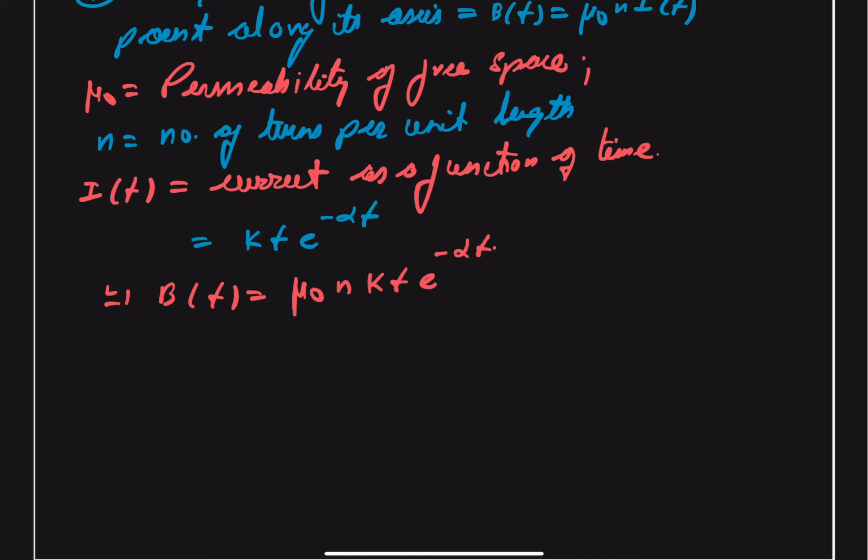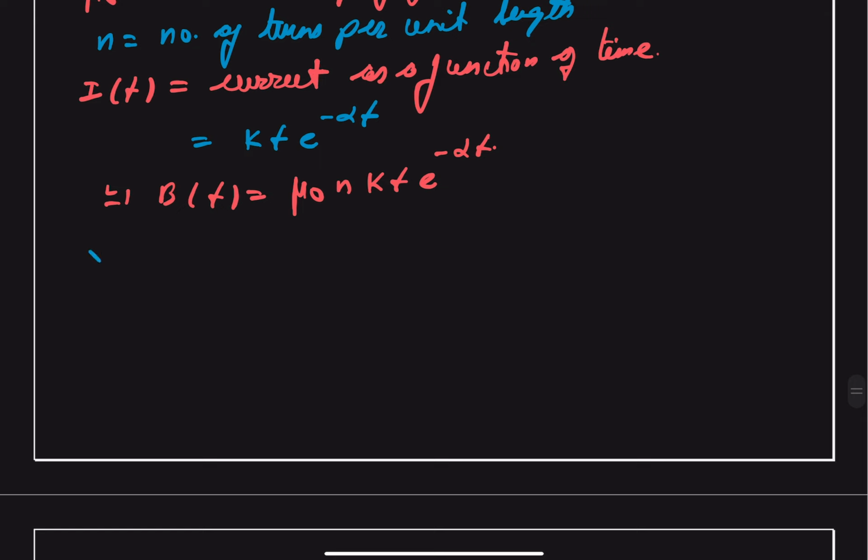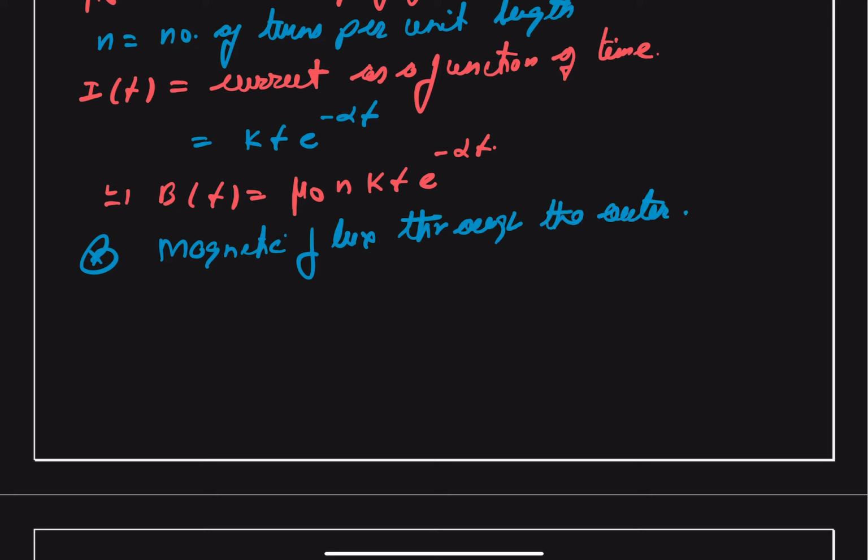Now let us consider that the outer coil is placed concentric with the solenoid. So, the magnetic flux through the outer coil.